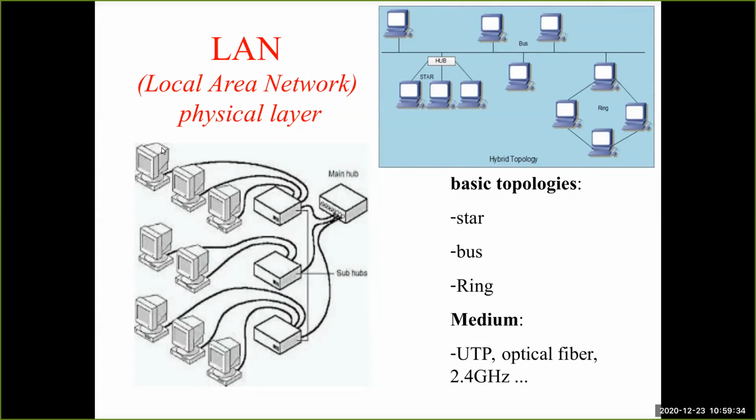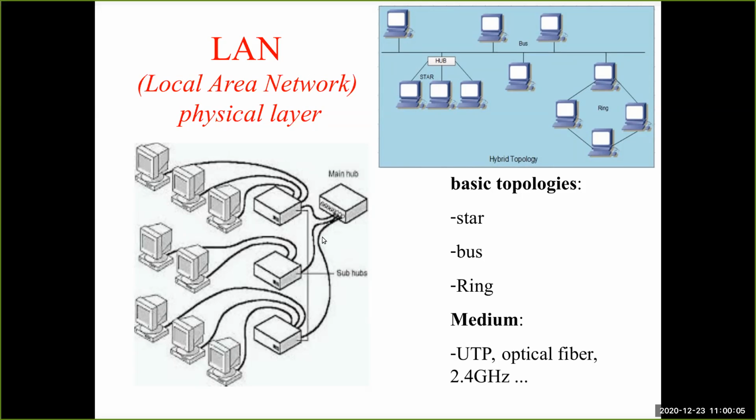Okay, if we have a computer network like this, then we can have different topologies. So the most commonly used topology now is topology which is called a tree or star-like topology. So we have computers which are connected to a single box which is called a hub or switch.